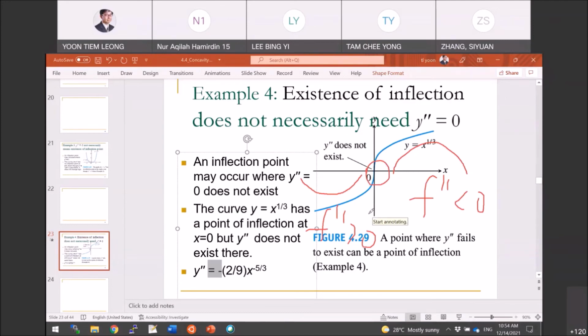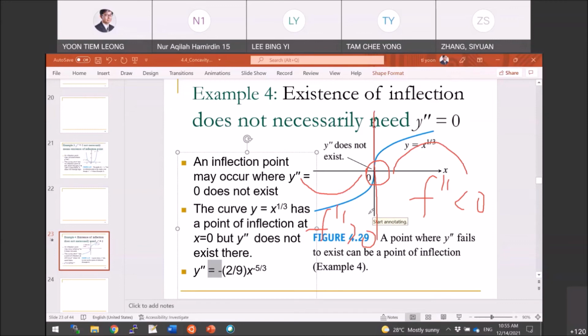And at this point, there is a tangent line that is vertical, right? So there's a vertical line, it's a tangent line, even though the slope is infinite, but it is still a tangent line. So this is an example of an inflection point. It fulfills both conditions.